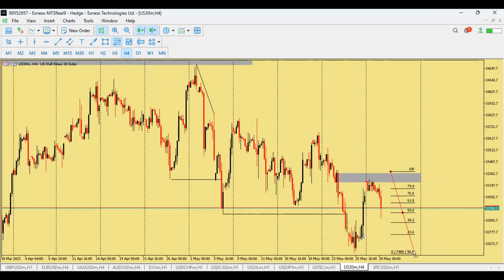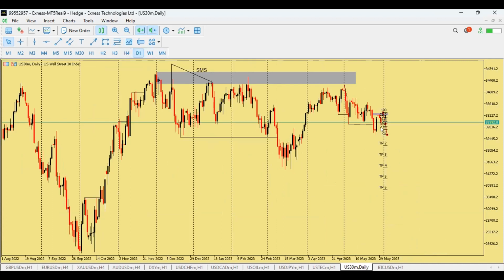Let's see. Basically, price actually mitigated back to premium. So now it's starting to sell. I think we are aiming to make a new lower low. Maybe if we go to daily, I don't know when it will reach this point. But it's so fast, it can reach.